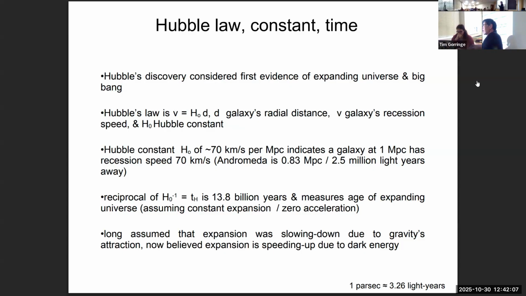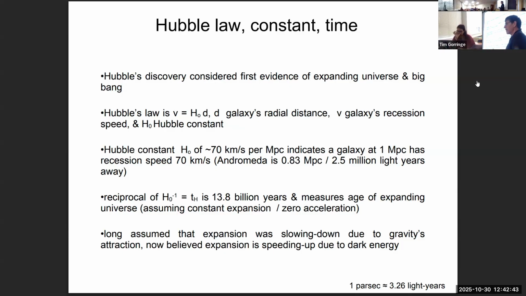The units of the Hubble constant are inverse time, right? You've got a velocity, say meters per second, divided by a distance, meters. The meters cancel out in the numerator and denominator, and you've got units of inverse time. So the inverse of the Hubble constant is a time, and that's the age of the universe, assuming that this expansion has been going on at a constant rate.